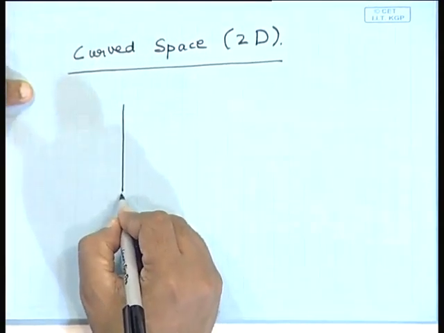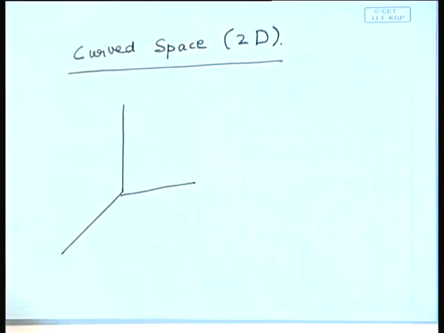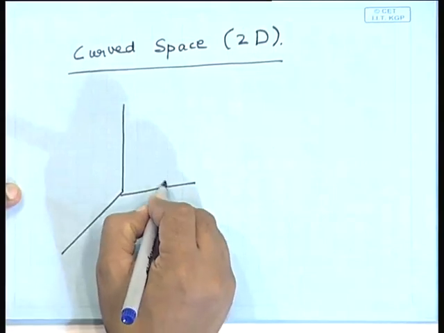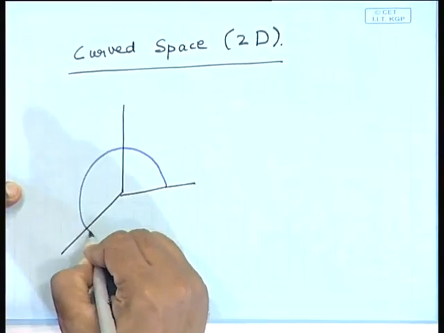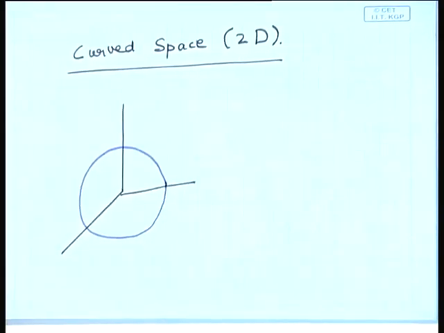So we have 3 dimensions here, and in this three-dimensional space, we have a two-dimensional surface, the sphere, which is embedded here. And the sphere has unit radius.